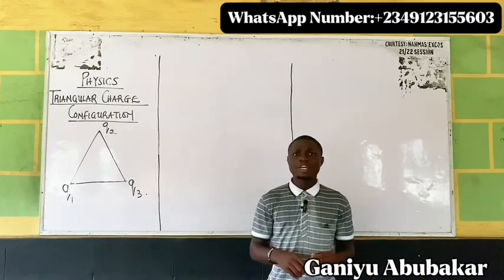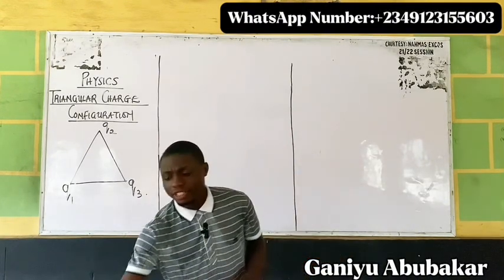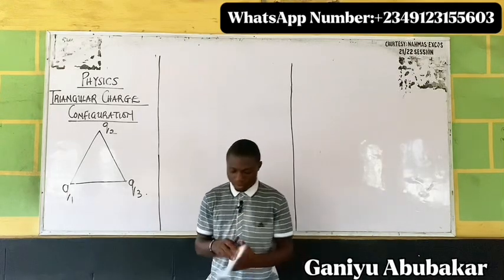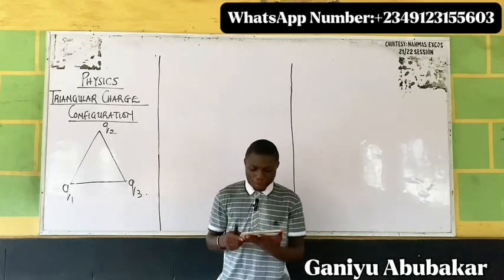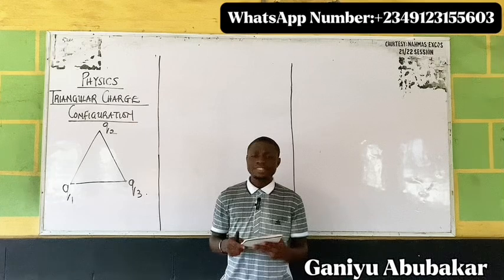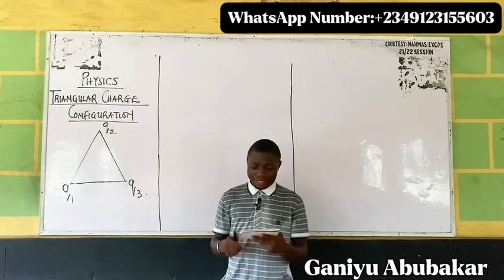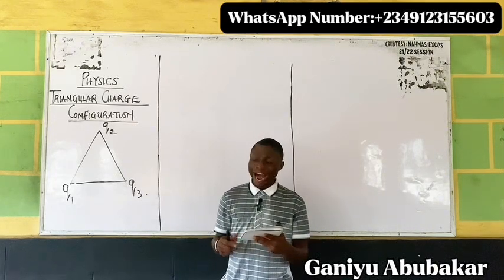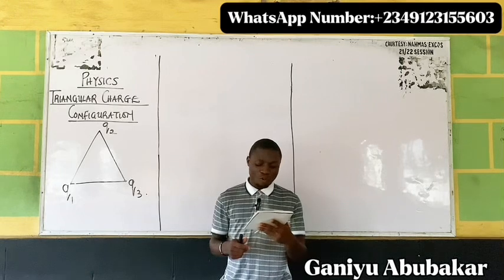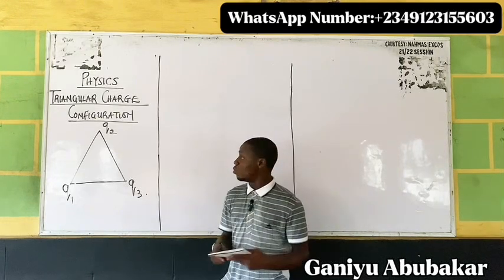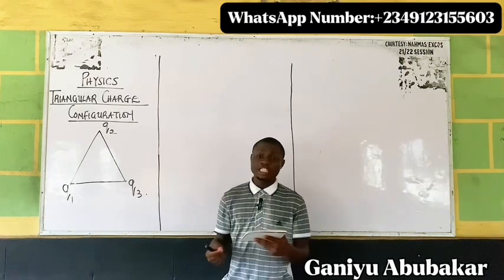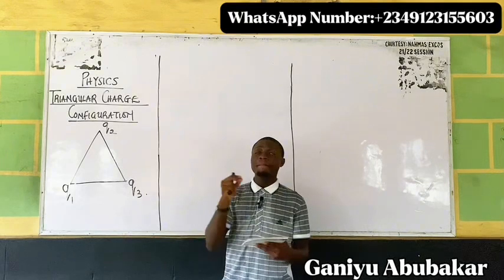First, what am I given? In the question it says 3 charges, 14 microcoulomb, 35 microcoulomb and minus 27 microcoulomb are arranged along the vertices of a triangle. So I have 14, I have 35, I have minus 27.